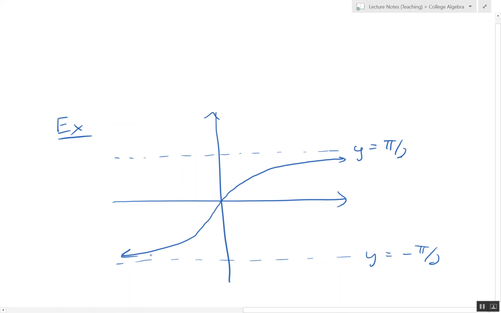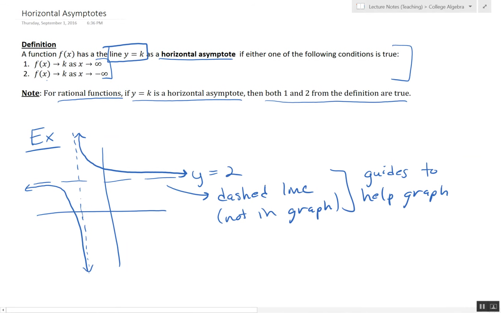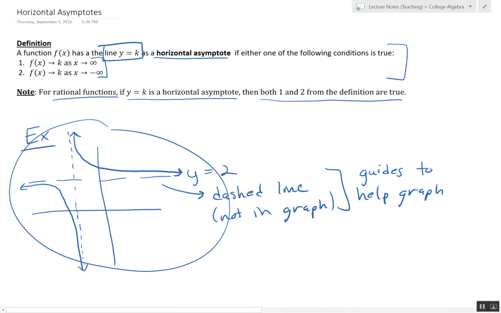Notice that the asymptote you get from this direction is different from the horizontal asymptote you get from that direction. That is totally possible as well, but in this course our functions are going to be more like this, where since we're only dealing with rational functions, there's only going to be one horizontal asymptote for any rational function.